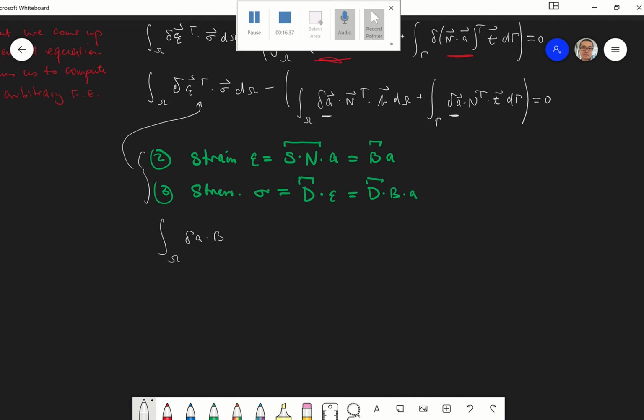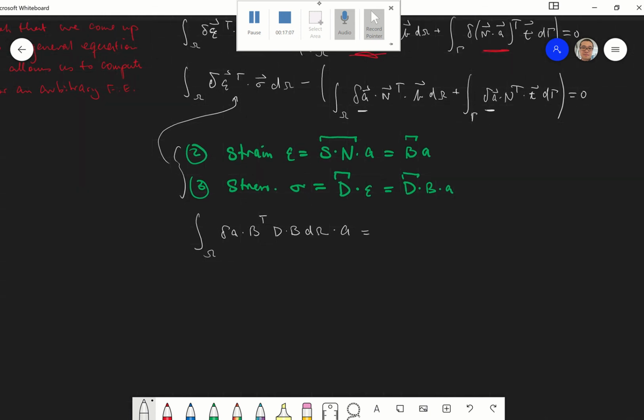Delta A times B transpose times D dot B d omega times A, right, equals minus, we basically take the rest here, times N transpose b d omega plus gamma delta A and t d gamma equal to 0.